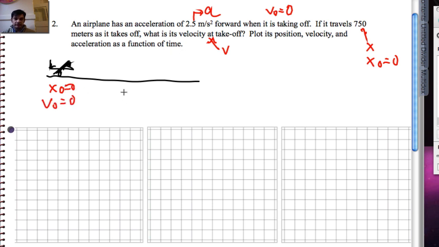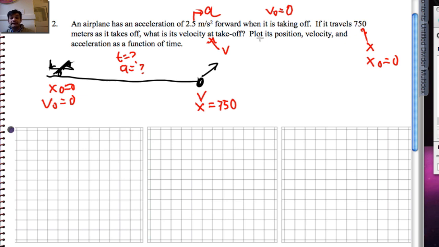We don't know the time. And we know that we reach some endpoint right here where we take off into the wild blue yonder. We have v final, we don't know. We know that x final is 750, and we don't know the acceleration.